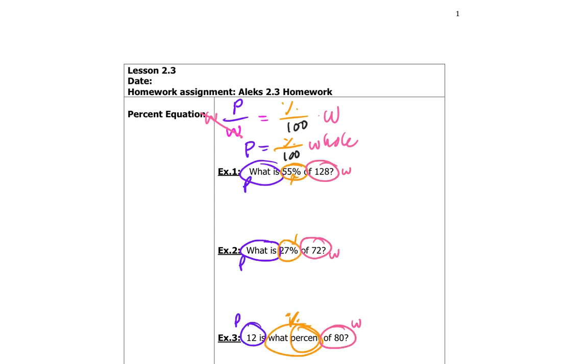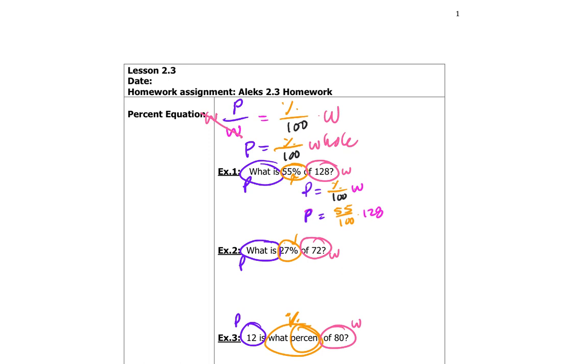Okay, so you should have labeled this. You should be able to see your part. You've got it all written out. Hopefully you've matched up what I've got, and now we're just going to fill in the spaces. We don't know what the part is on this one. We do know the percent. The percent is going to be 55 over 100, and the whole is going to be 128.